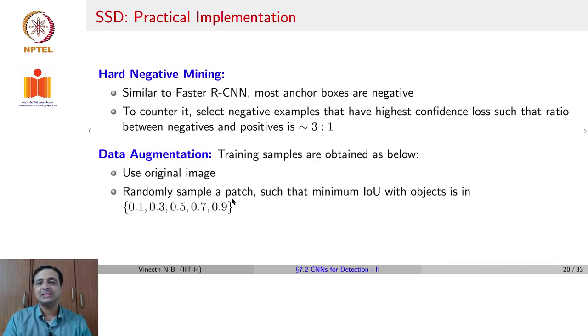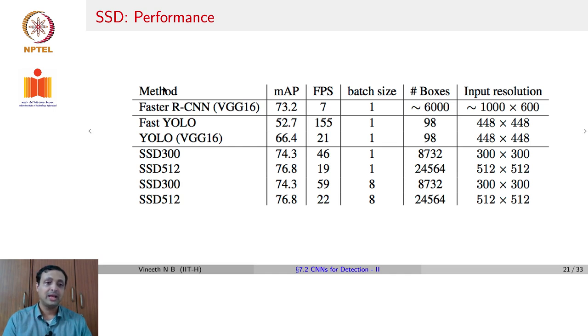It also randomly sampled patches from images, trying to ensure that the minimum IOU with the actual object is in a predefined set of ranges, to ensure that the network gets exposed to different kinds of patches from images and different kinds of objects and their overlaps. With this approach, SSD could outperform YOLO and faster RCNN.